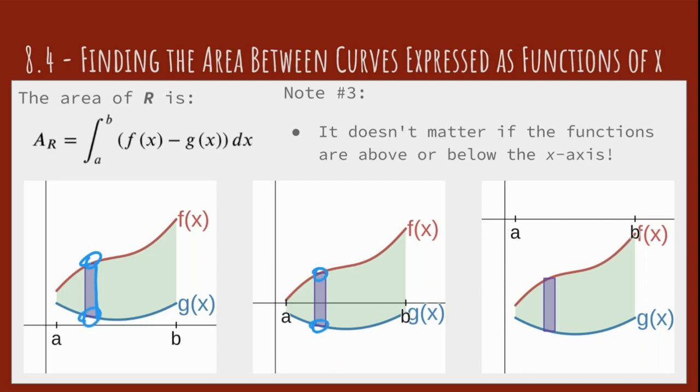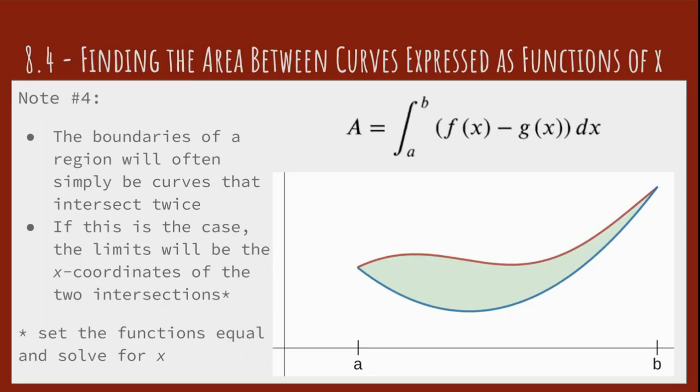A positive minus a negative is going to end up being a positive plus something, so that's going to give us that height. A smaller negative minus a bigger negative is going to give us a positive height also. So regardless of where the functions are relative to the x-axis, above or below, the top minus the bottom will always give us the positive height of a Riemann sum rectangle and ultimately the area of the region.